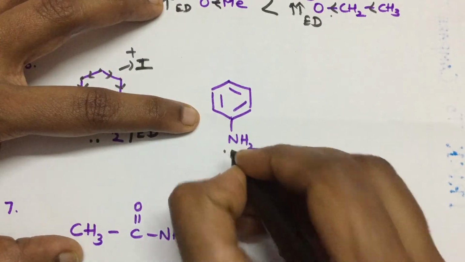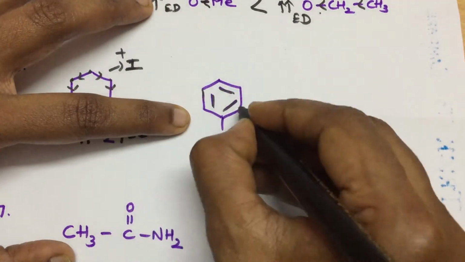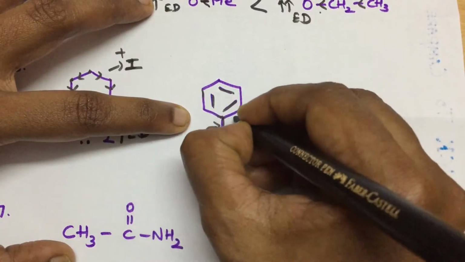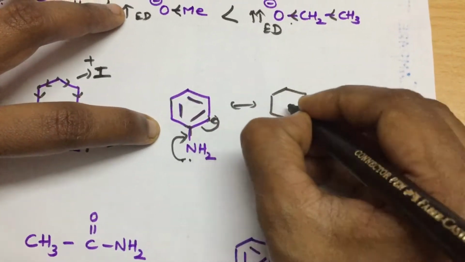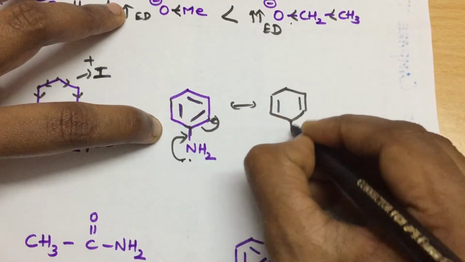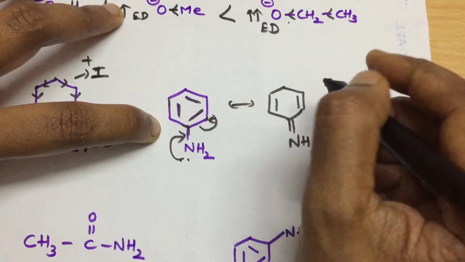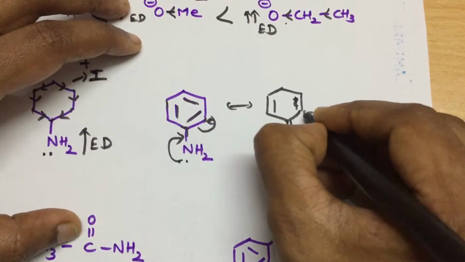And here, it has a lone pair, but due to the resonance, due to the conjugation, the lone pair is involved in resonance and is not available for donation. Say you have invested in some business, so the money is not in your hand.